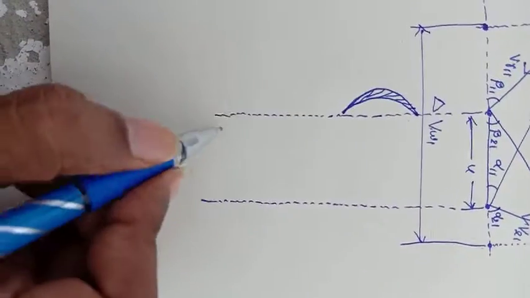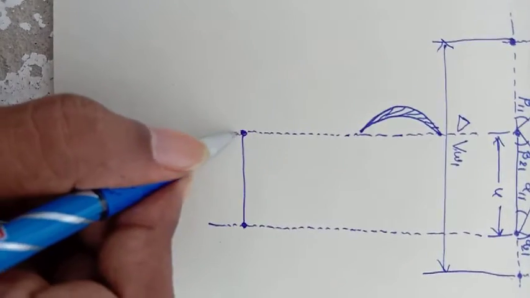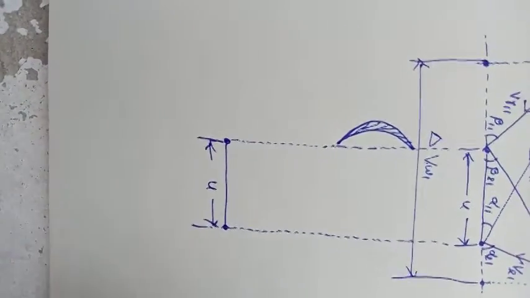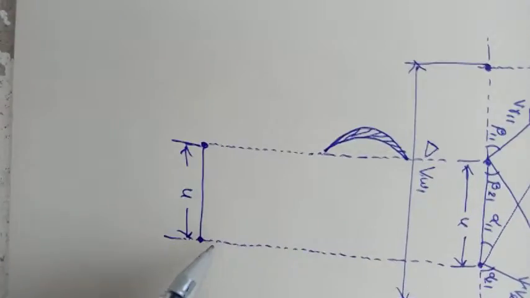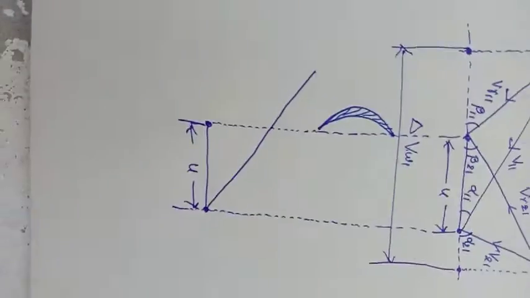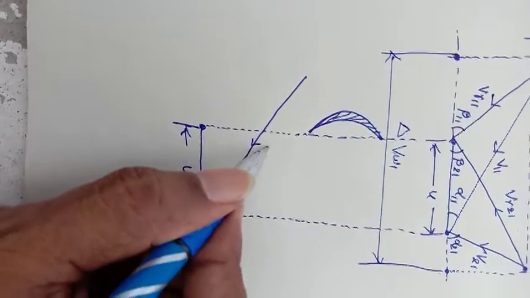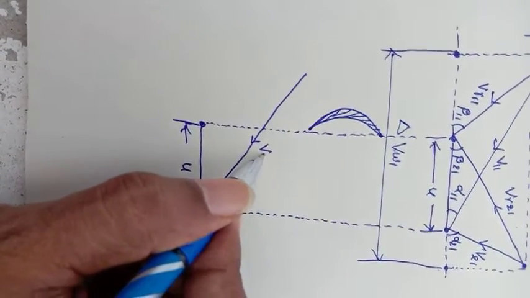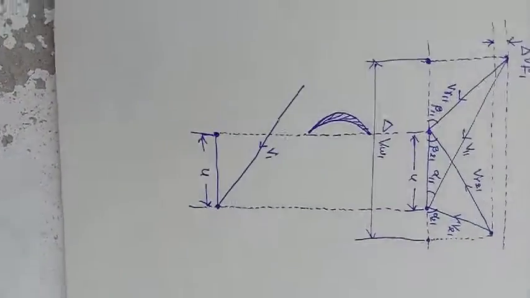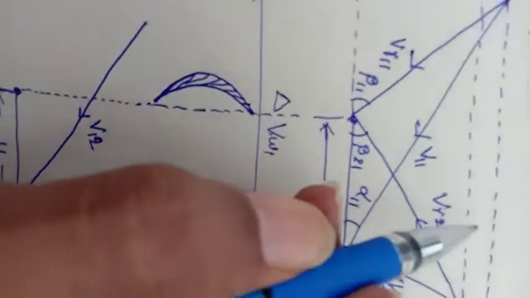Similarly I take here the point called U. Again I am going to draw the second stage of the velocity, the absolute flow velocity. Now here I put V1, but this is coming from the second stage, so I put 2.